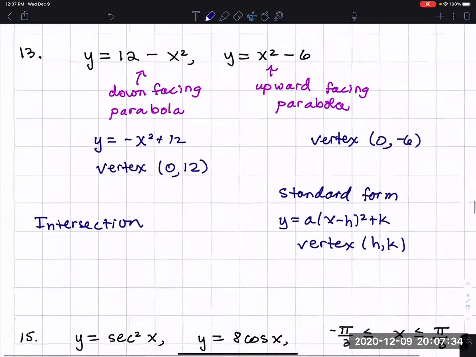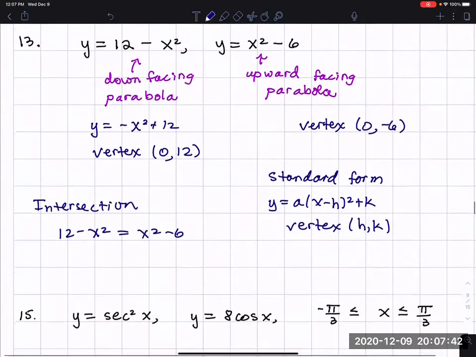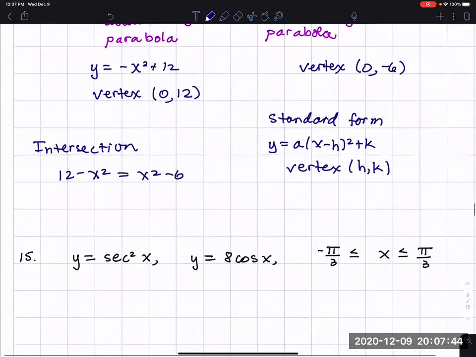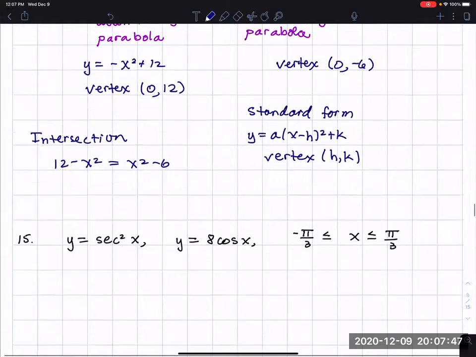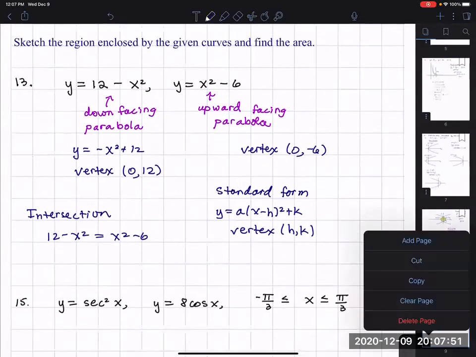So for our intersection, we equate these two. 12 minus x squared equals x squared minus 6. I need way more space to get this problem going here properly.